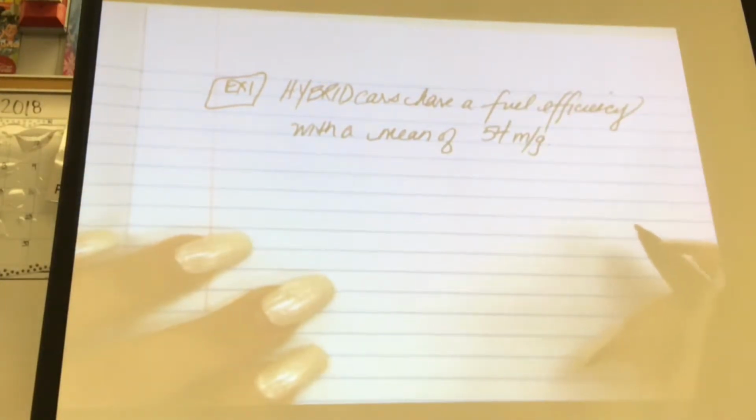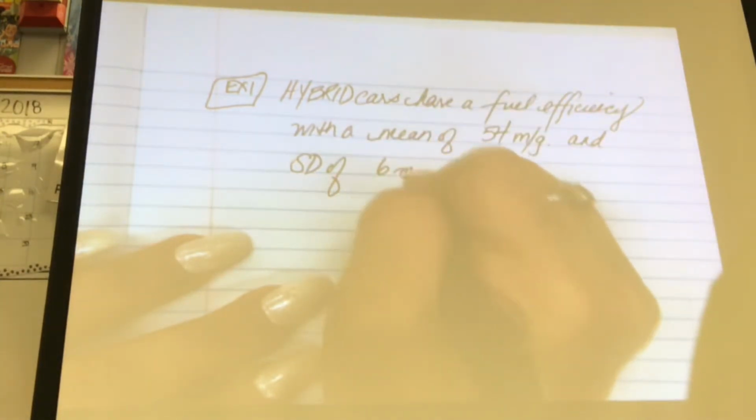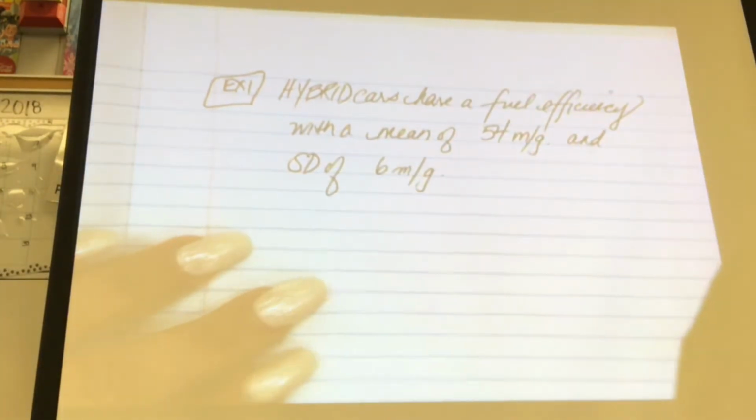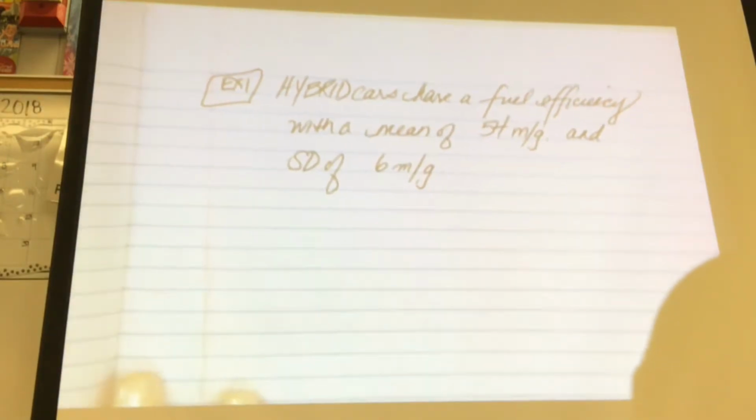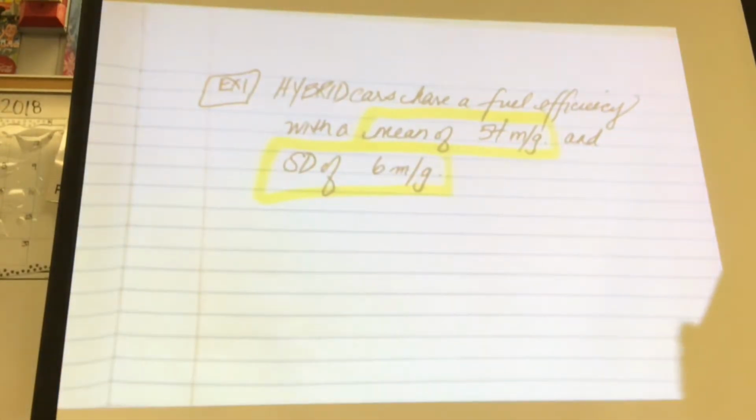That's amazing. And a standard deviation of 6 miles per gallon. First thing we care about is the mean is 54 and the standard deviation is 6.